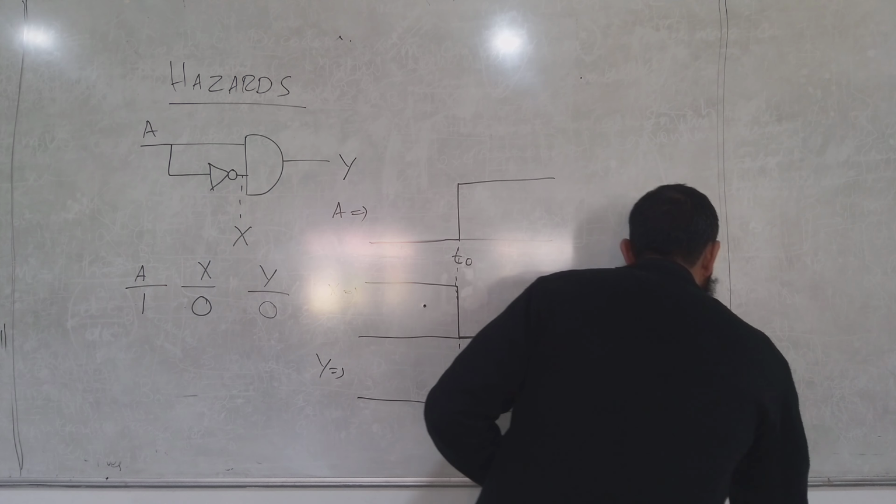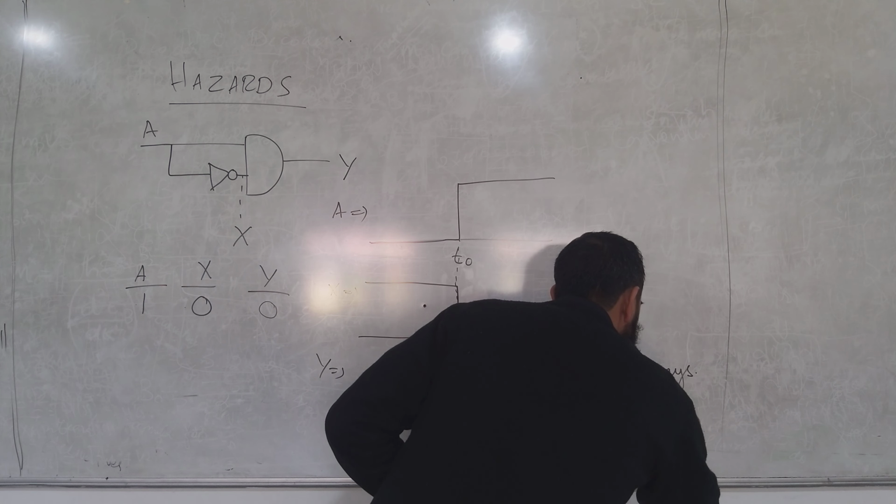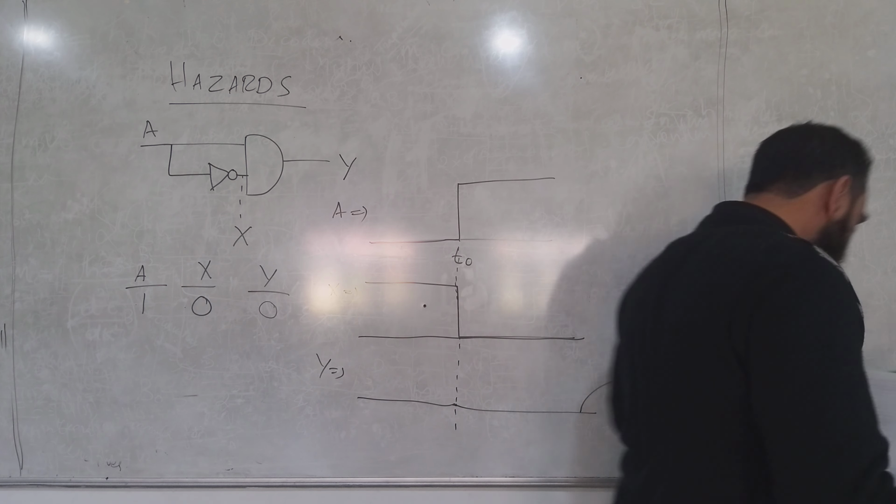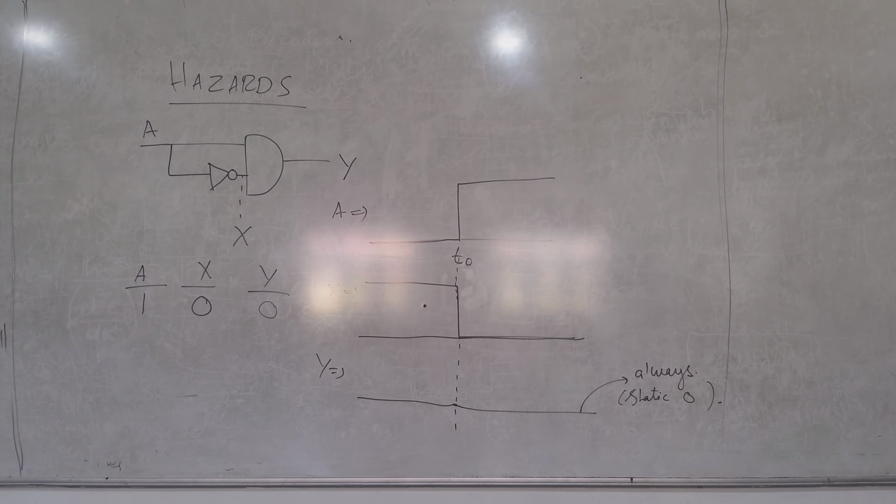And this condition is called static 0 condition. That is, this will stay 0 always, so it is a static, fixed output which should be 0. What name did we give it? Static 0. Now if there is a problem in this 0, an unwanted change, obviously 0 will change to 1, not something beyond that, since there is nothing below 0 in digital.